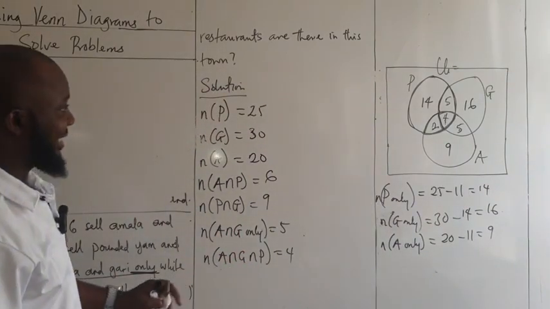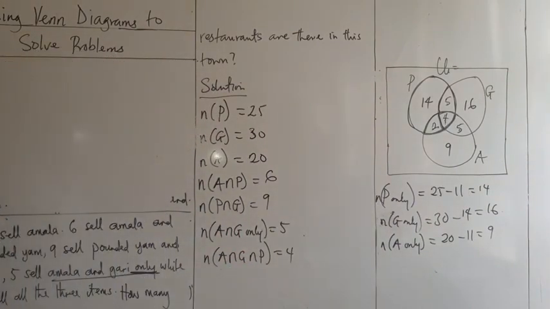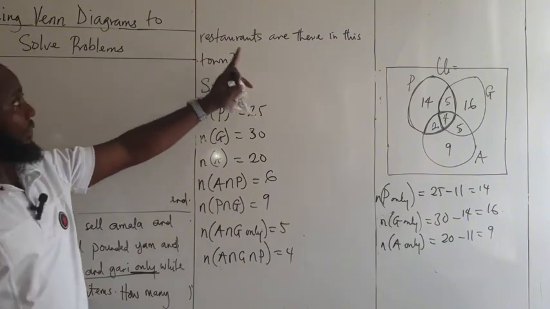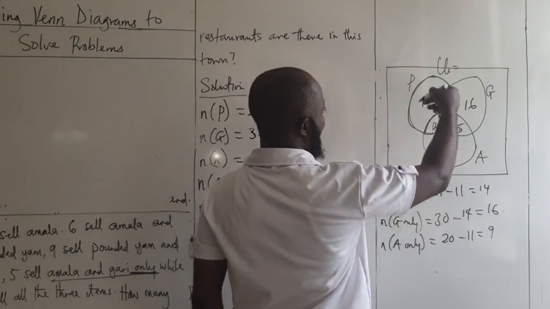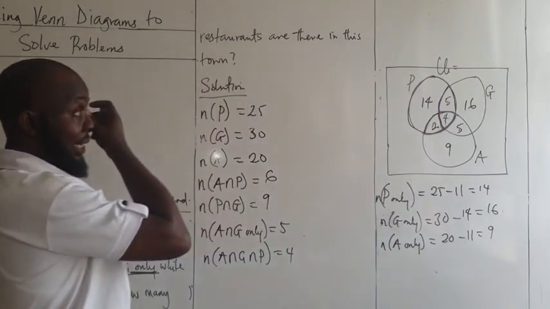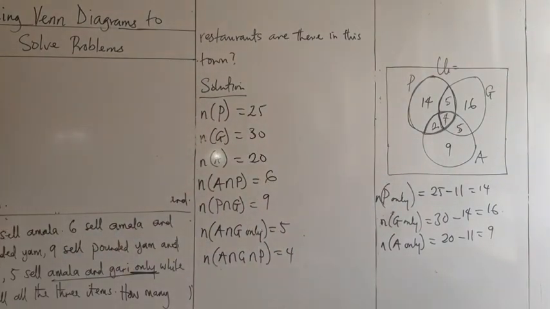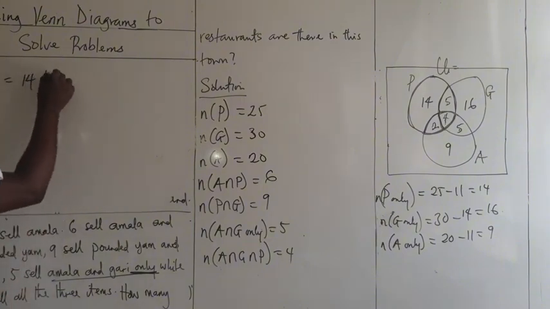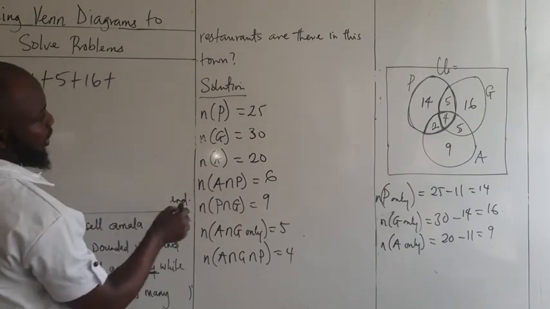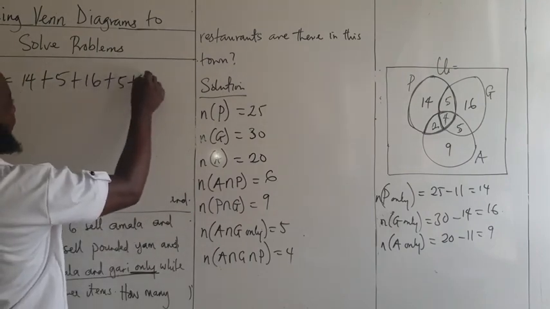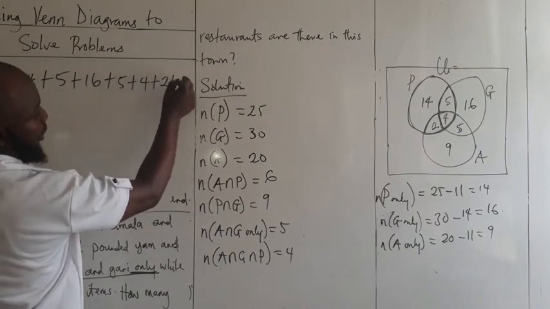So the next stage is that what we have to find is how many restaurants are there in the town. So we are going to add everything that we have there to give us our total, the number of the universal set. That is 14 plus 5 plus 16 plus 5 plus 4 plus 2 plus 9.